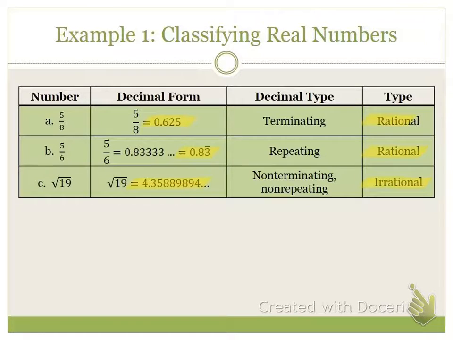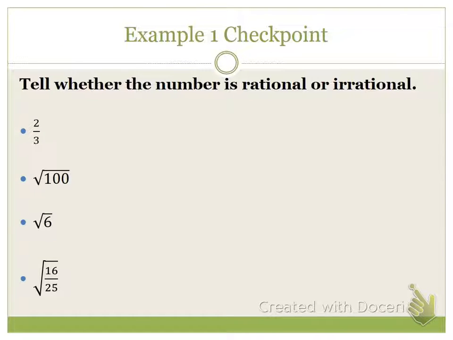Classifying. So in example 1, let's go ahead and look through these values and determine whether or not they're rational or irrational. I must look at the decimal version of these values in order to determine that. All right, so let's go ahead and evaluate that. So what did you get for a decimal when you converted 2/3? 0.6 repeating.